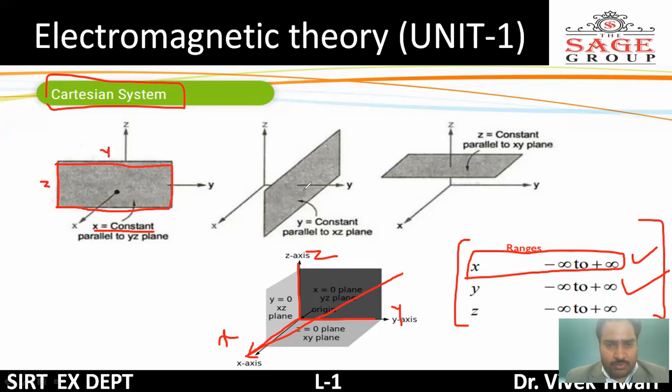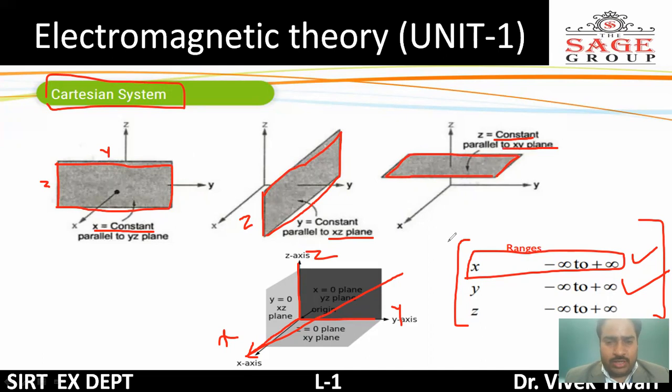Same way, if y is constant, then z will vary and x will vary, and it will make a plane that is known as the xz plane. Same way, if z is constant, then x will vary, y will vary, and it will make a plane that is known as the xy plane.